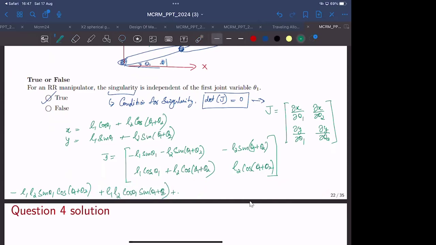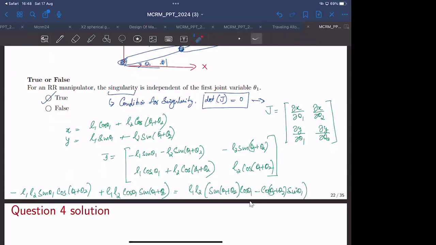So I'll take the common terms out. That makes it L1 L2 times sine(theta 1 plus theta 2) cos theta 1 minus cos(theta 1 plus theta 2) sine theta 1. Right?